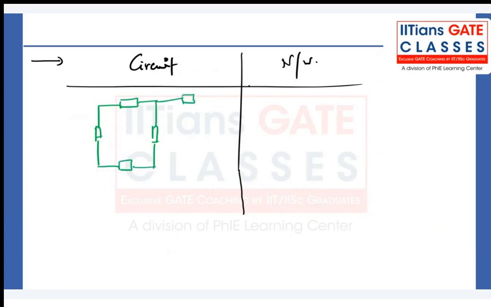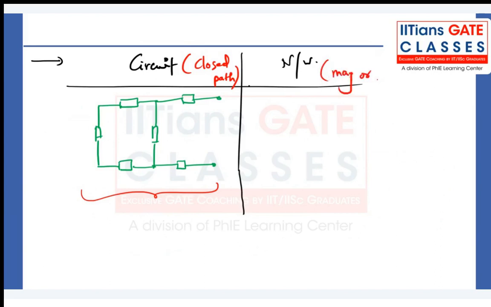If somebody asks you whether it is a circuit or a network, you have to always understand that circuit means closed path, but a network may or may not have a closed path. This is very, very important to understand.